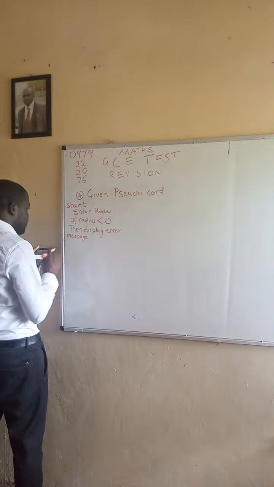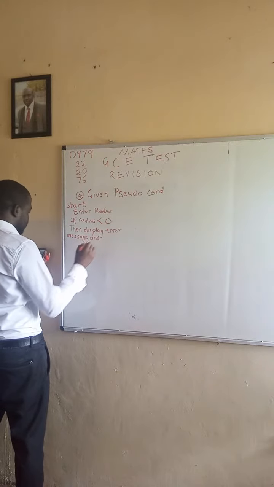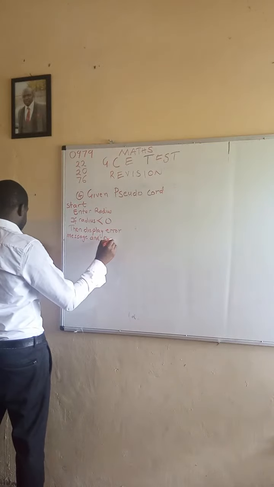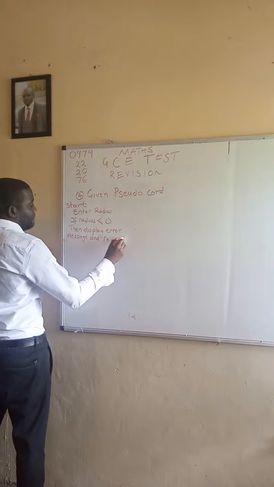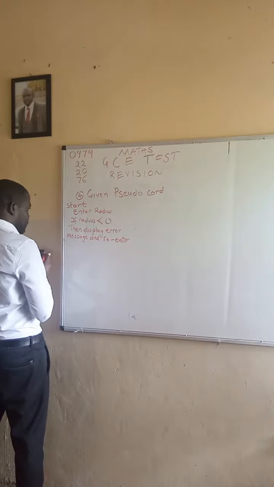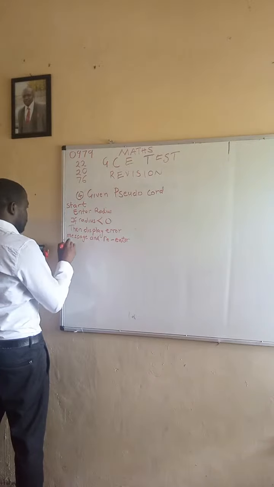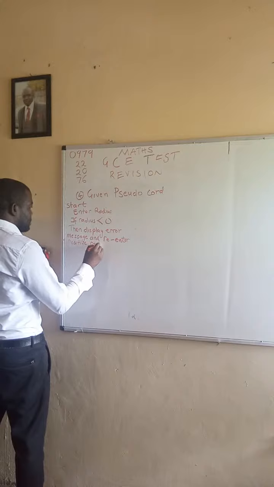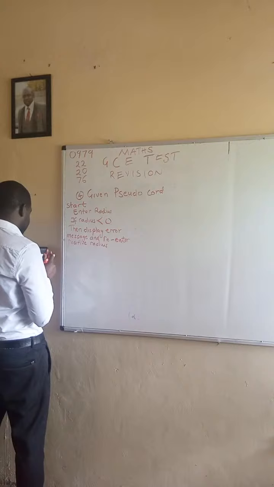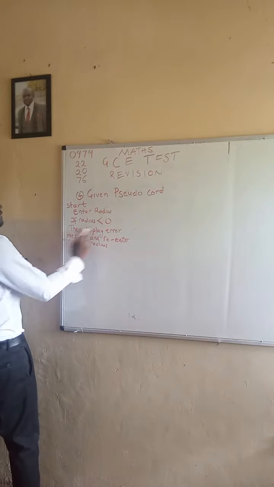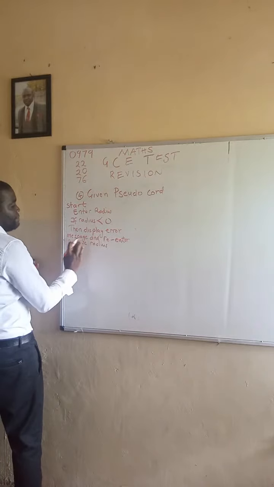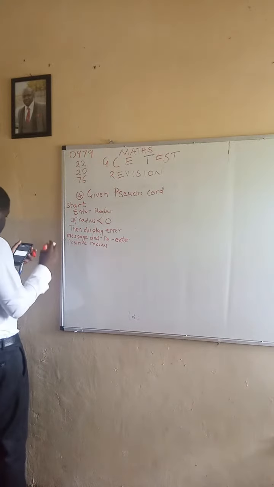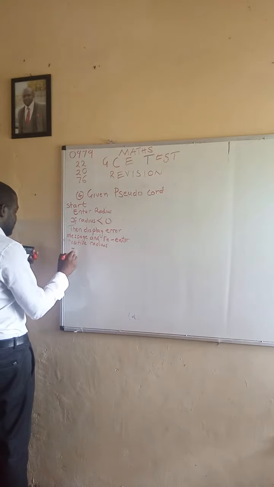Then display error message and re-enter positive radius. Okay, so this is one sentence. Then display error message and re-enter positive radius. Okay, and then the other sentence is this one.